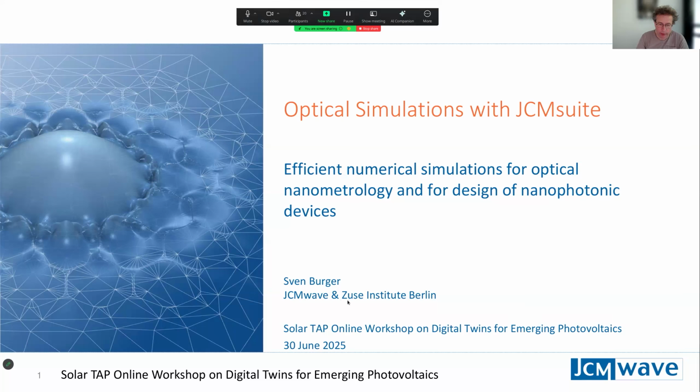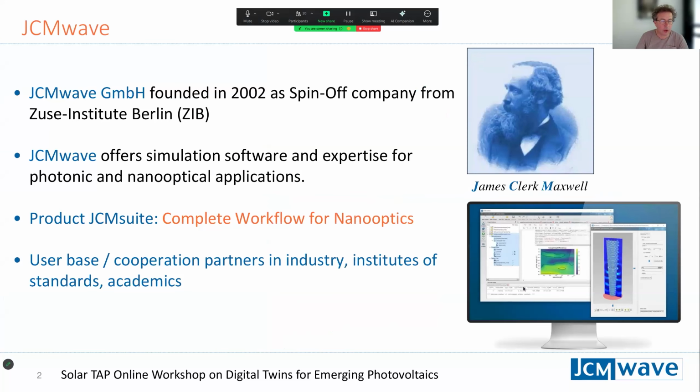I'm from JCM but I also have an affiliation with JCMsuite Berlin, which is why this is put here also. The background of JCM is that it's a spin-off company from JCMsuite Berlin, still based in the same building. We are renting rooms here in ZIP.